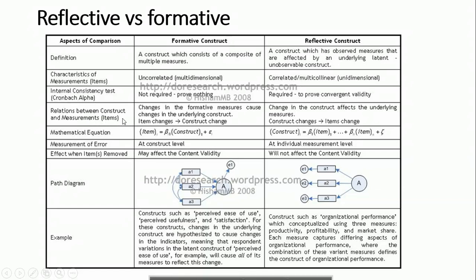As for the relationship between construct and items: for formative, changes in the measures cause changes in the underlying construct, meaning item changes lead to construct change. But for reflective, changes in the construct affect the underlying measures, meaning construct change leads items to change. Measurement error in formative is at the construct level, but in reflective it is at the individual measurement level.